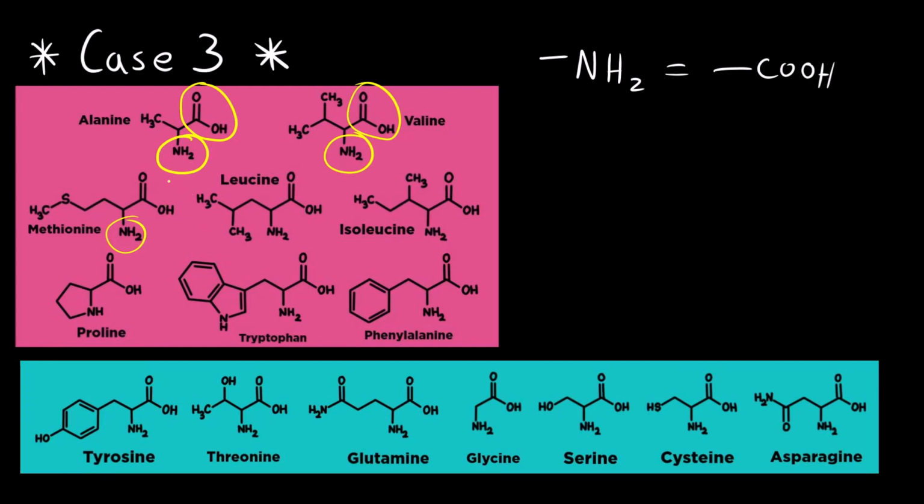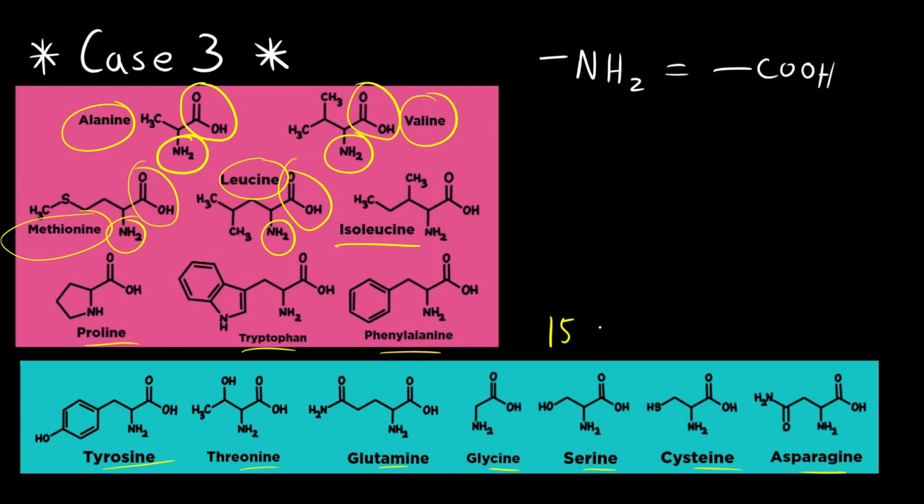So in all the structures, if you see, there is only one amine group and one carboxylic acid group. So all these amino acids, total 1, 2, 3, up to 15, the remaining 15 amino acids, they are neutral.